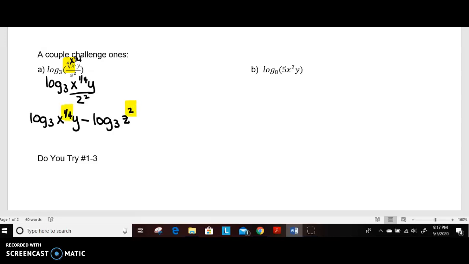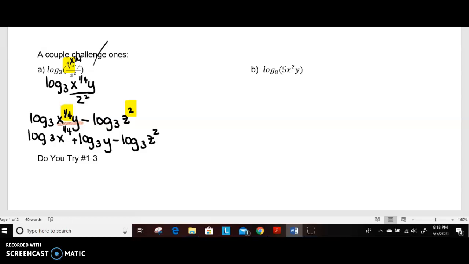Well, the first thing we have to do before we do that is we have to actually split this up as well. So let's split that first. Log base 3 of x to the 1/4, okay, it's multiplication, so I have plus log base 3 of y minus log base 3 of z squared.